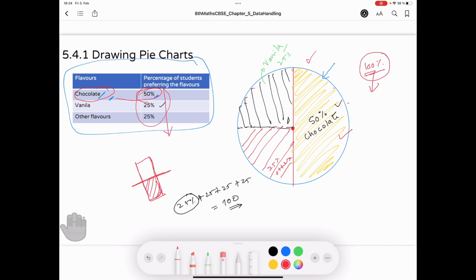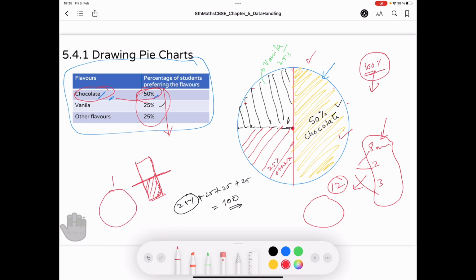But if numbers are given, for example 8 hours, 2 hours, 3 hours, then we have to see what we are dividing. Are we dividing a day? If they are months, for example, then the total number of months in a year is 12, so the different values given should add up to 12. Then only can we represent a quantity in a year.